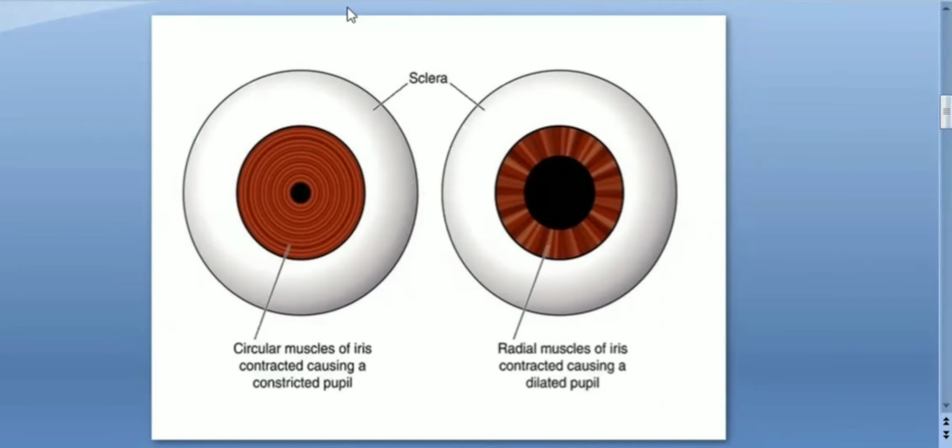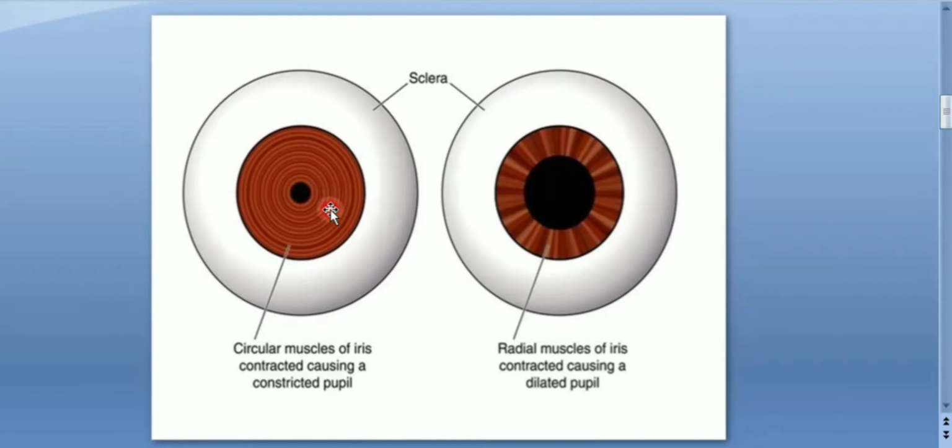What is the role of iris? This portion is known as the iris, and the middle, this aperture or this opening, that is known as pupil. How do these iris and pupil regulate the entry of light during dim light and in the intense light or bright light?